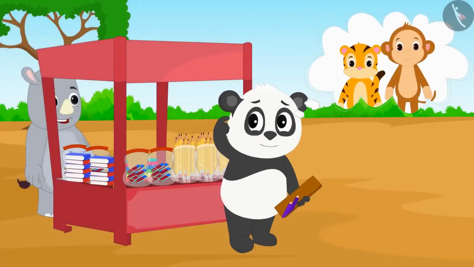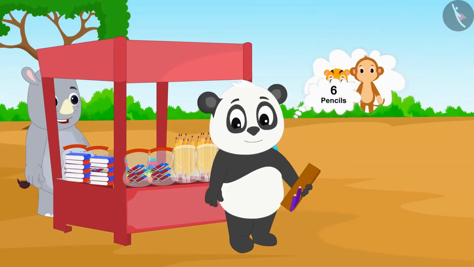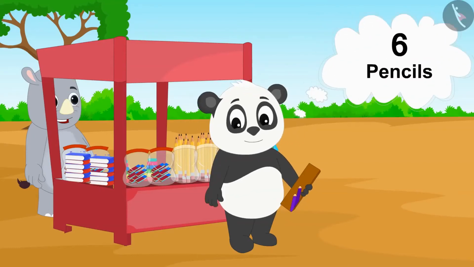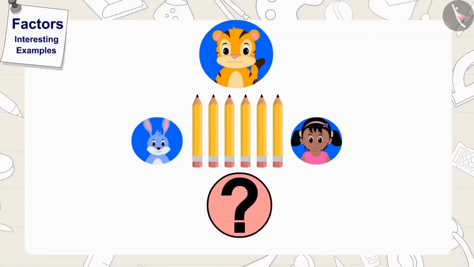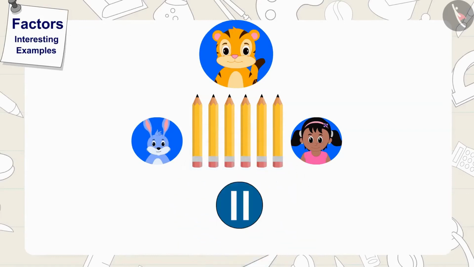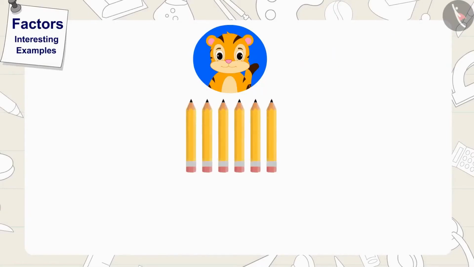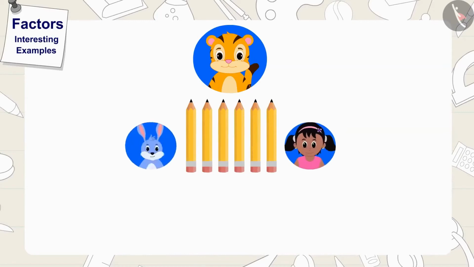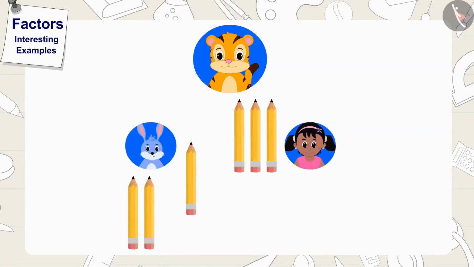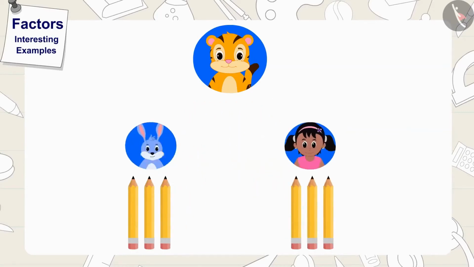Now Golu is wondering if those 2 friends will be able to share 6 pencils equally. Children, can you find an answer to this question? If you want, you can stop the video and think about the answer. Yes, those friends can distribute their 6 pencils equally to 2 friends by giving them 3 pencils each.